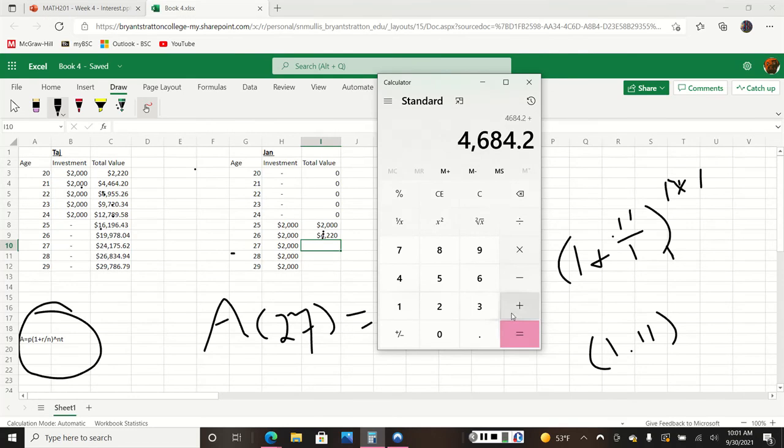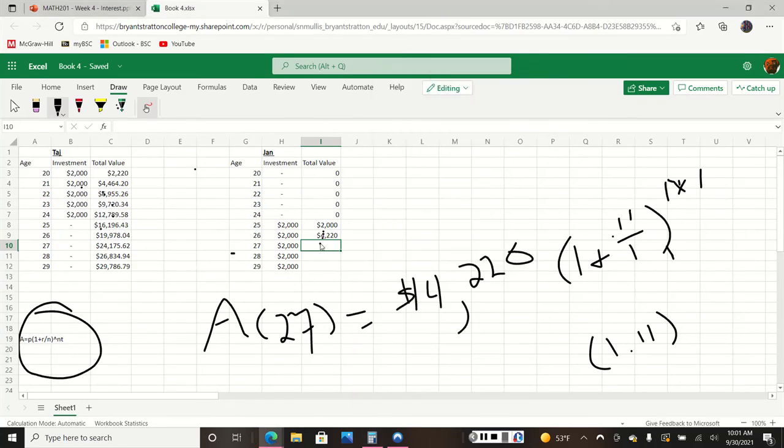But because she made an investment of $2,000, we need to add that in. So the total value is now $6,684.20.